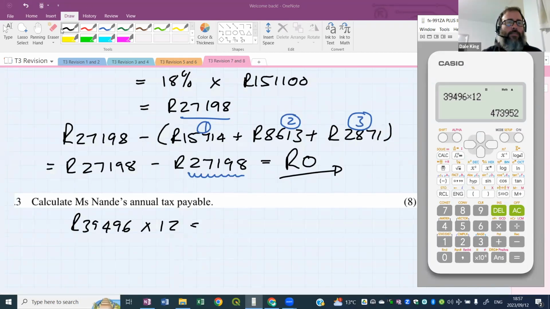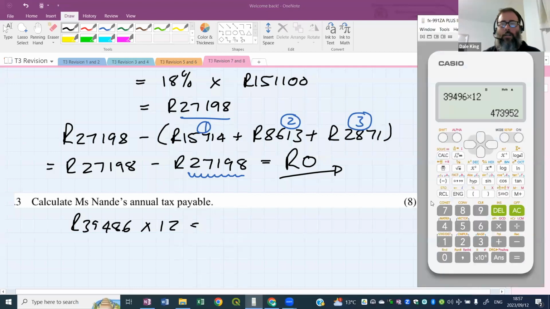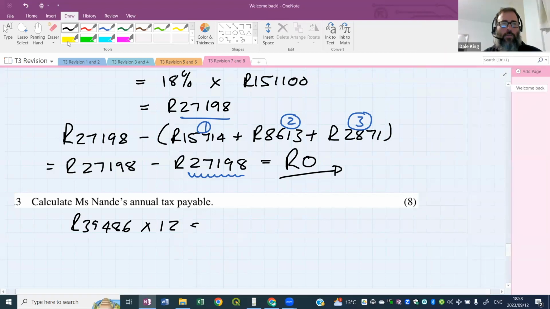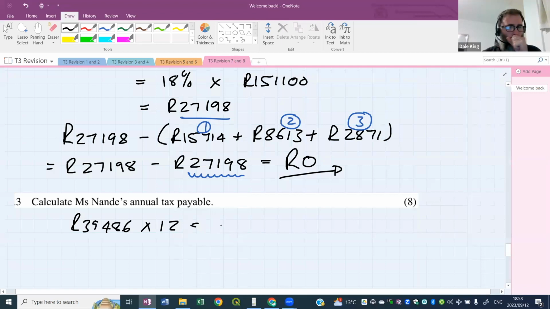It's always these numbers at the end. All right, I'll go back and change that. So 473,832. Is that what you got, Ben? 473,832. All right. This is the annual income. That's the one we want.